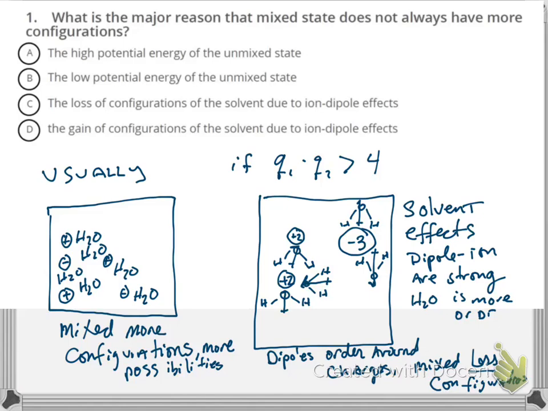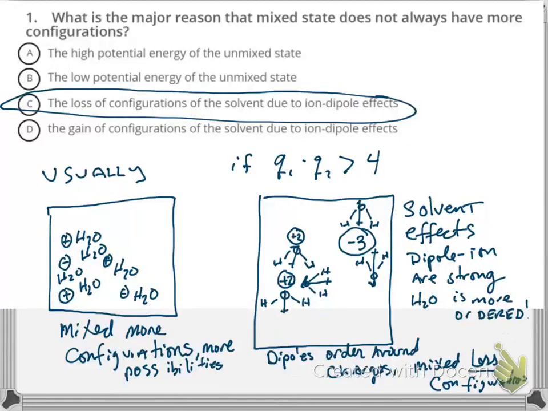There are fewer possibilities for water since it's more rigid now around the ions. So we would pick C, right? That the loss of configurations of the solvent is the cause. That's the major effect of why these high charges are generally insoluble, because the mixed state is always at low configurations. We'll say more about that when we look at PEC diagrams.